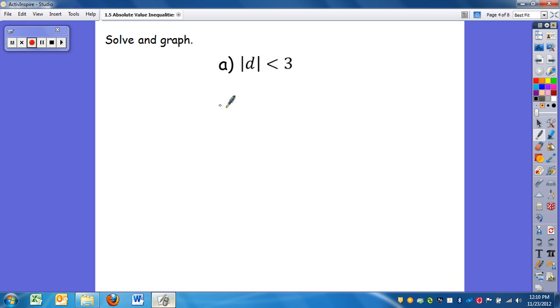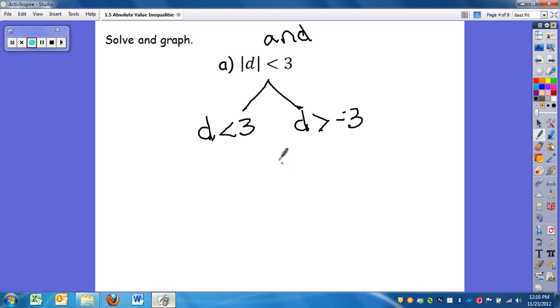So let's do a few examples. So in A, I have the absolute value of d is less than 3, so it's less than a positive. So from the previous slide, we know that is and. I can do my 2 equations, because we have 2 distances. We have positive 3, and then we have negative 3. We change the sign, so I have to flip my inequality sign.